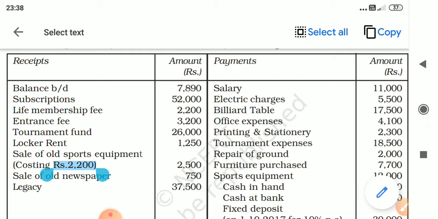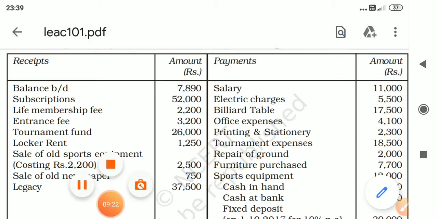This 300 will appear in the income side of income and expenditure account. Sale of old newspaper, income. Legacy: since the purpose of the legacy is not specified, we will follow the rule of CBSE. This legacy will appear in the income side of income and expenditure account.